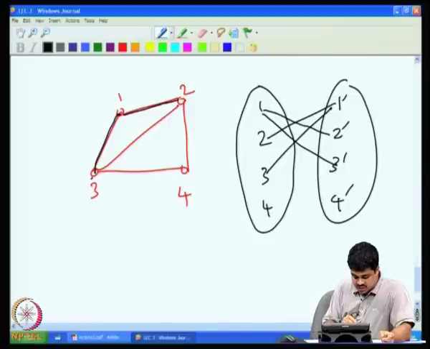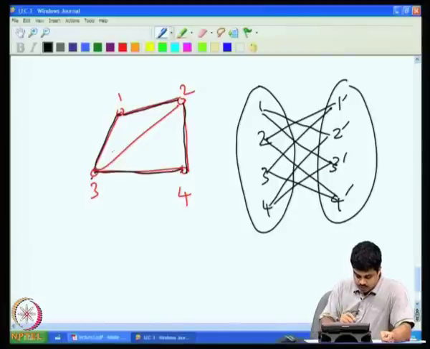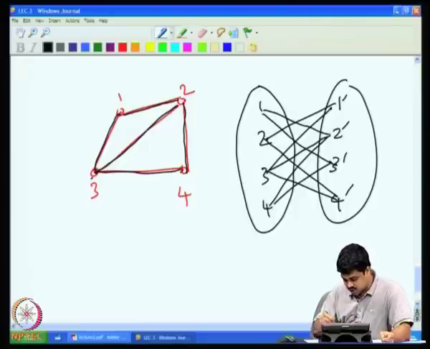Similarly, there is an edge between 3 and 4, I will put an edge between 3 and 4 dash and 4 and 3 dash, and between 2 and 4 there is an edge, so I will put an edge between 2 and 4 dash and 4 and 2 dash. Now, this is the last edge between 3 and 2, I will put this 3 and 2 dash edge and 2 and 3 dash edge.